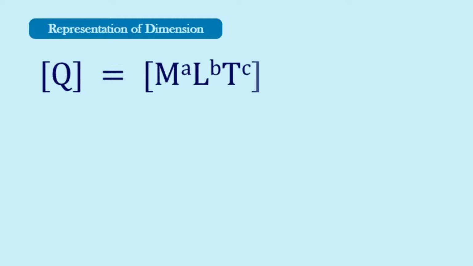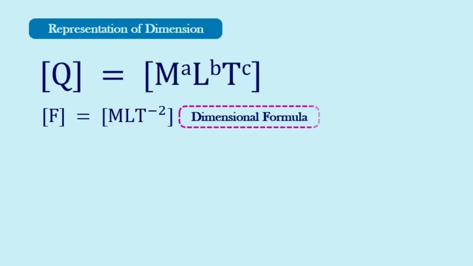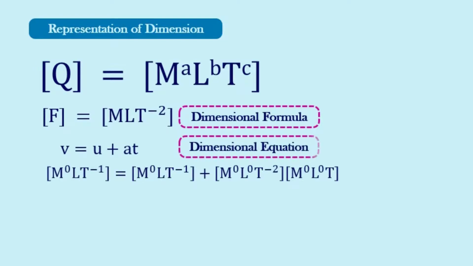If we take the example of force, it has dimensions 1 in mass, 1 in length, and -2 in time. Hence, dimensions of force can be expressed as [MLT^-2]. This expression is called the dimensional formula. If we replace the dimensional formula of each physical parameter into an equation, then it is called a dimensional equation.